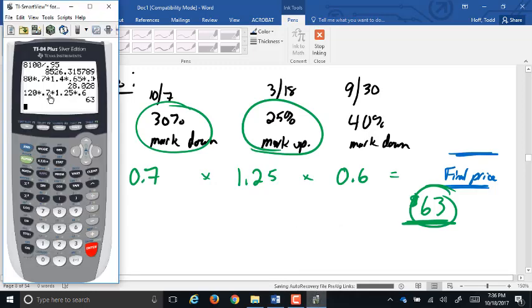So 120 times 0.7 times 1.25, because it's a 25% markup. It's 100 plus the 25%. Then times the 0.6.